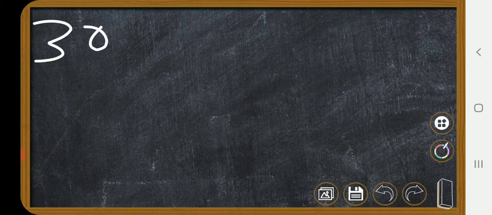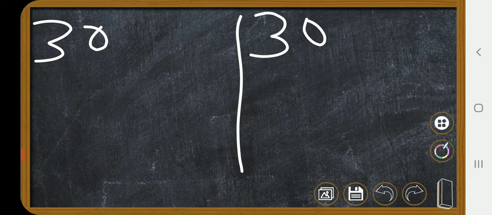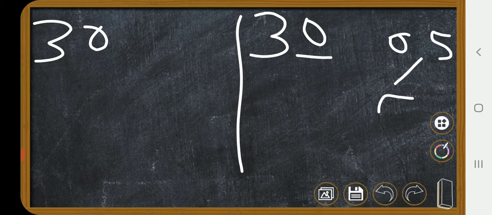I'll show it for you. See now, for example, I'll take 30. Find the prime factors of 30. Now we'll write 30 first. If in the given number the unit number is 0 or 5, that number is divisible by 5.